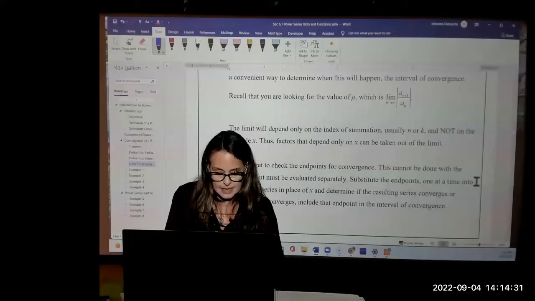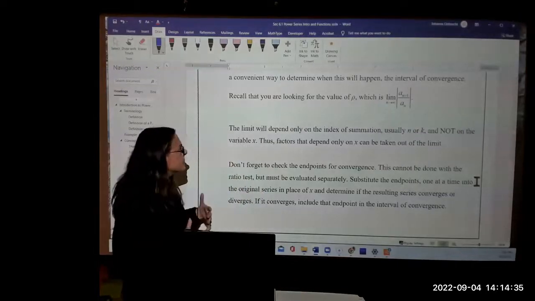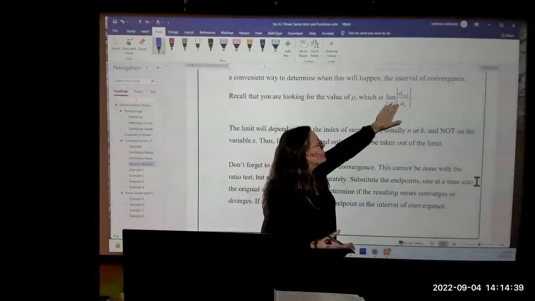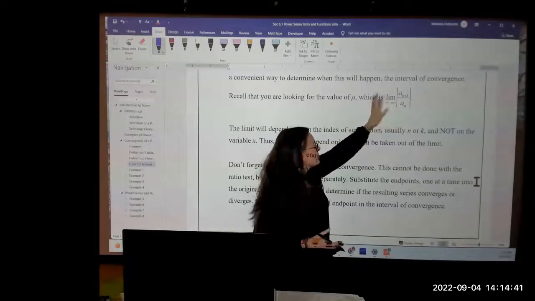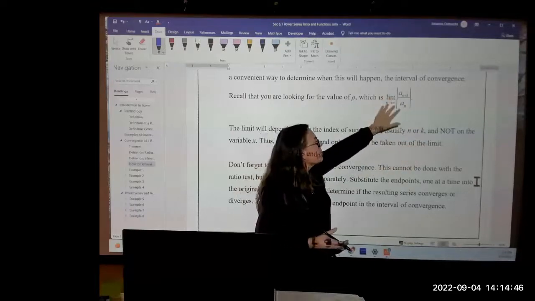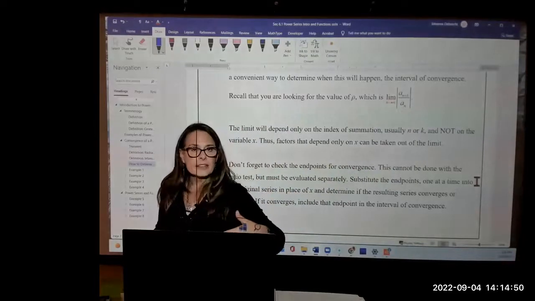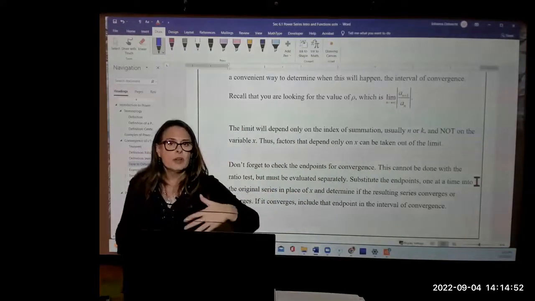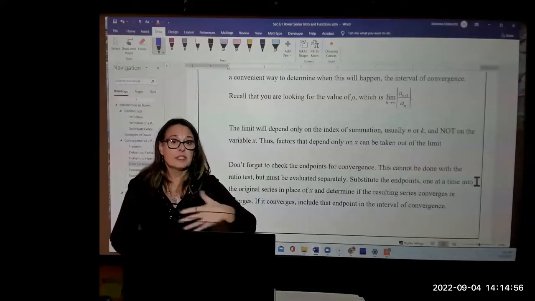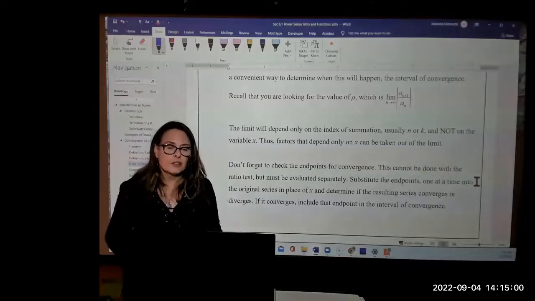Now, what often happens is that the limit is dependent only on the index of summation, which is usually either n or k. And because the limit only depends on n and not on x, which is our other variable, then anything that has x in it but does not have n in it as a factor can actually be factored out of the limit.